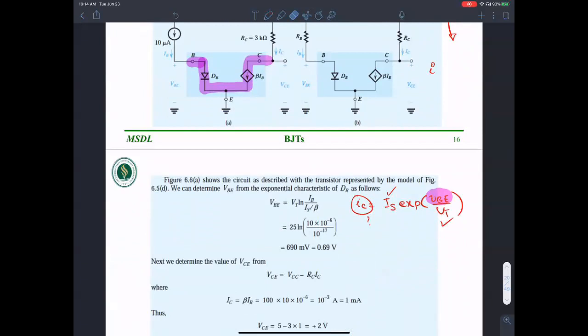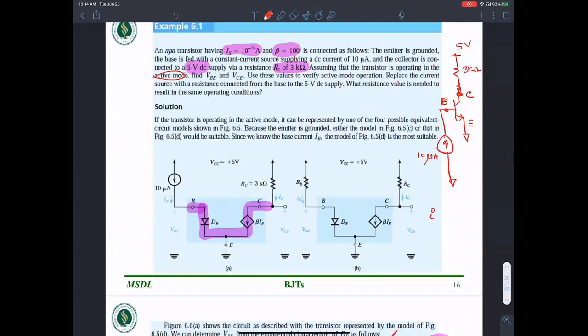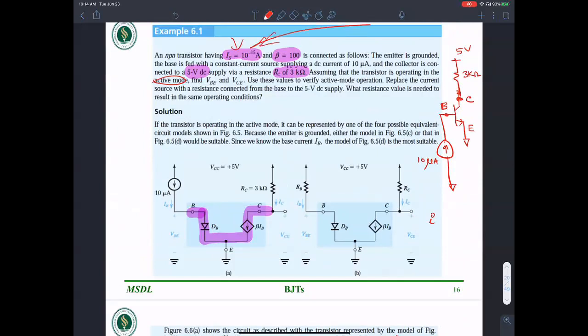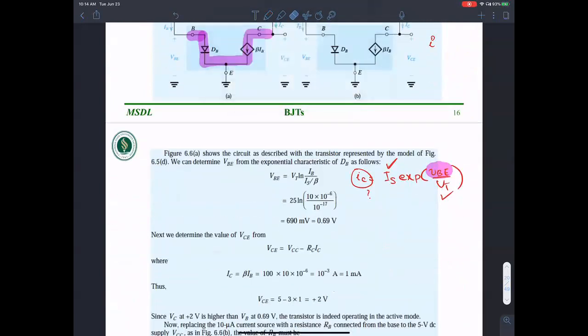In this equation, my claim is that in order to find VBE, I have just about everything.